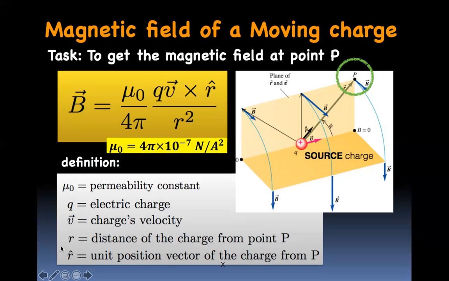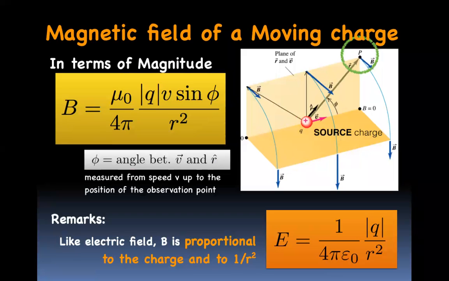Q is the charge. V is the velocity of the moving charge. R is the magnitude of the distance of the charge from point P. And r hat is a unit position vector of the charge from point P.